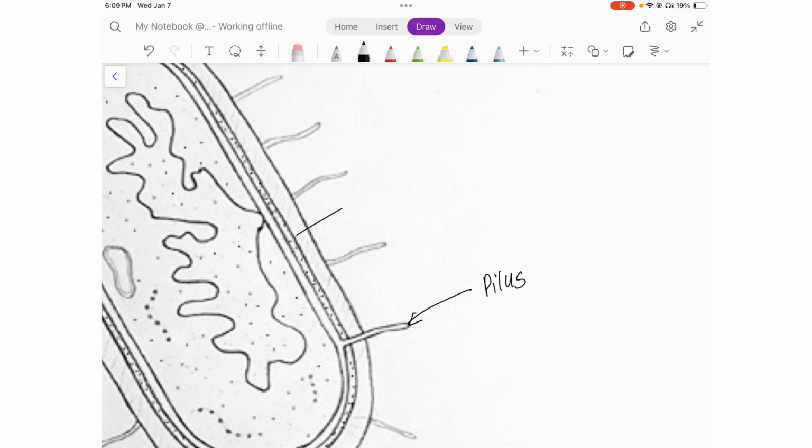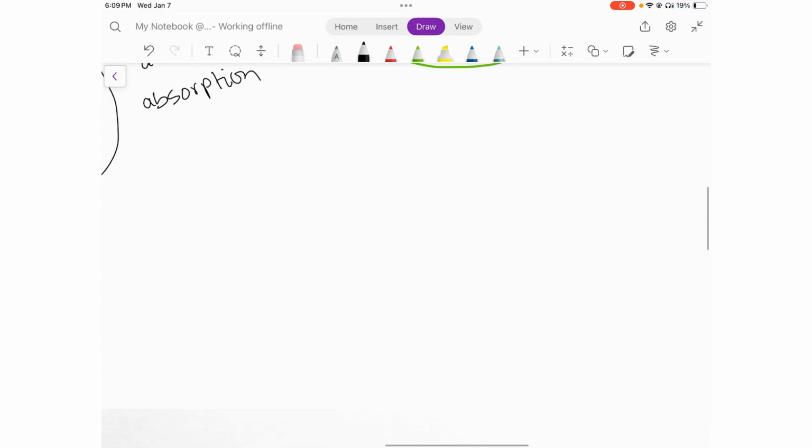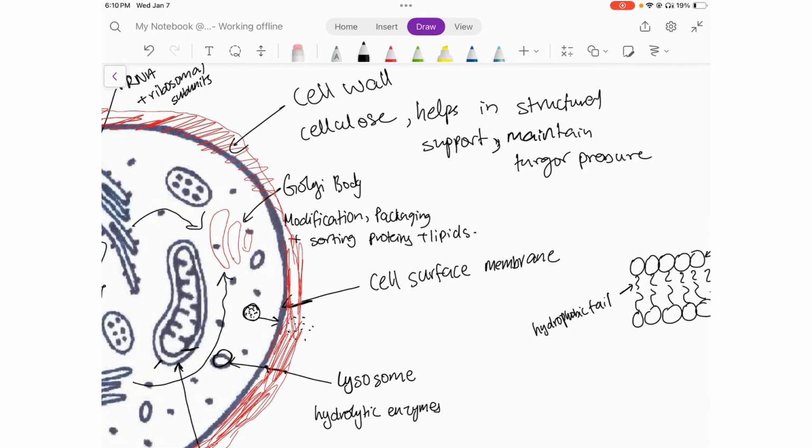Here, we can see that we have the cell wall, something common. However, the composition of this cell wall is different. In plants, we could see that there was a cell wall made up of, you guessed it, cellulose.